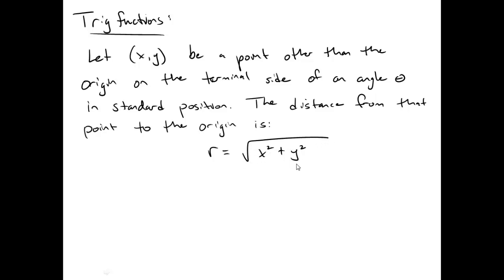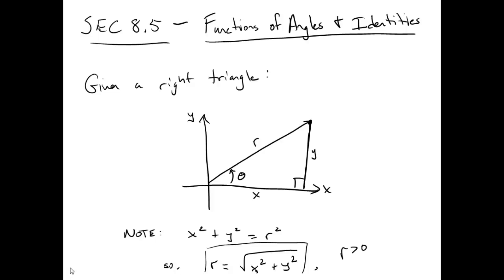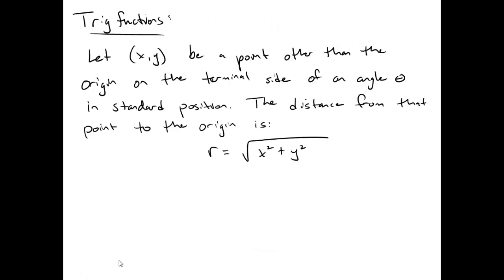It's actually what we just said on the previous page, right? If I go back a page here just for a second, this point here had coordinates x comma y. X was the distance on the x-axis, y is the distance on the y-axis, so the coordinates are x comma y. So the length of this hypotenuse r, as we found below, was r equals the square root of x squared plus y squared. So that's where this is coming from. It's really just the hypotenuse.